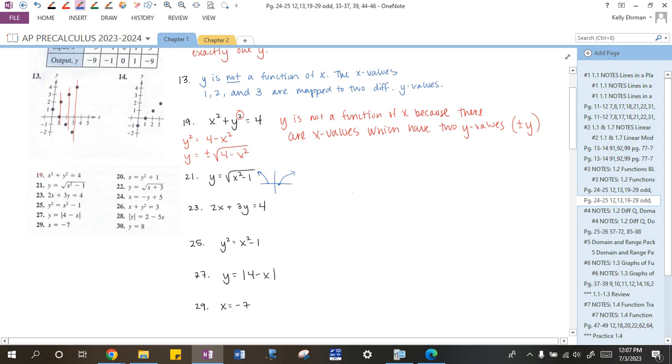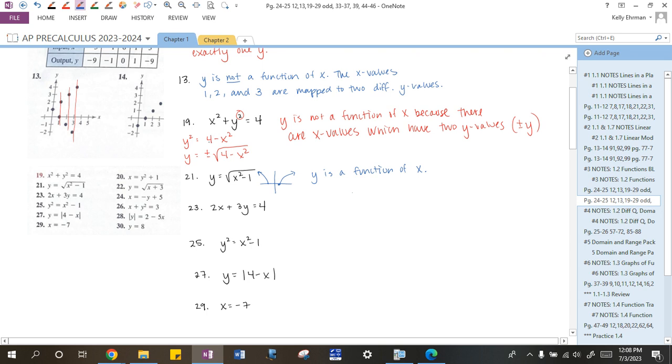But the square root here is not plus or minus, so that when I do plug in something like 2, I just get the square root of 3. I don't get plus or minus square root of 3. So y is a function of x. The only time you have a plus or minus is if you're the one to introduce it, you're square rooting both sides of the equation. That's where the plus or minus comes from.